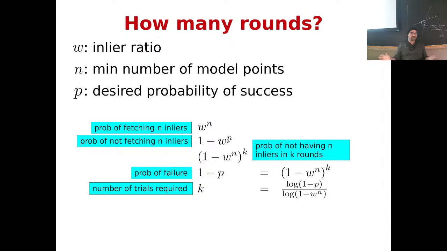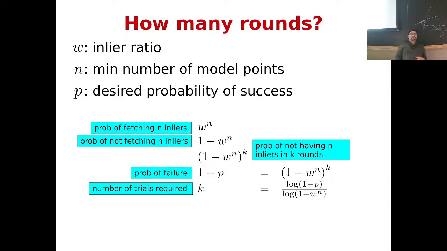Because if I fetch points which are bad, just a thought. In this case, we have to make the hypothesis that the liar ratio remains constant among all the trials, right? Yes. But is it always constant, or are there some applications where the liar ratio may be a little variable among the trials?